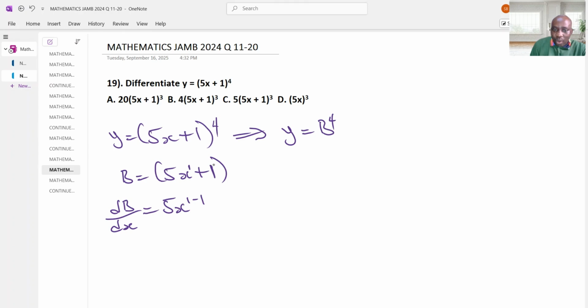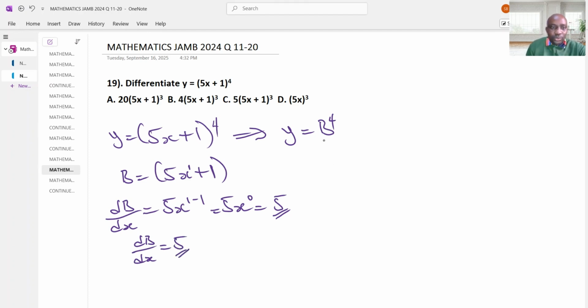Anything raised to power 0 is 1. So 5 times 1 is 5. Our answer is db/dx equals 5.